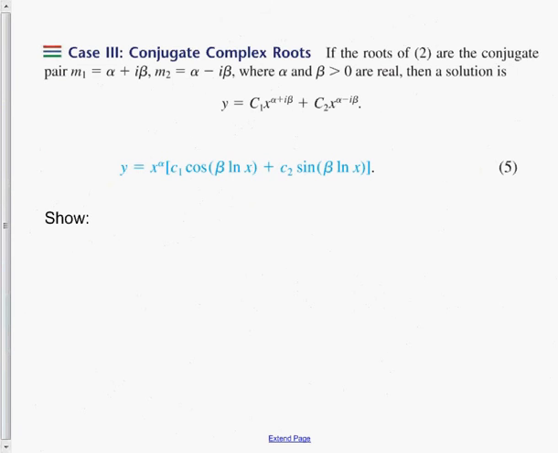The third case is when you have, well, first we have distinct roots, secondly we have repeated roots, thirdly we have complex roots, where here m is of some form alpha plus or minus beta i. So you expect the solution to look like this, but we have to transform that into solutions that combine cosines and sines.